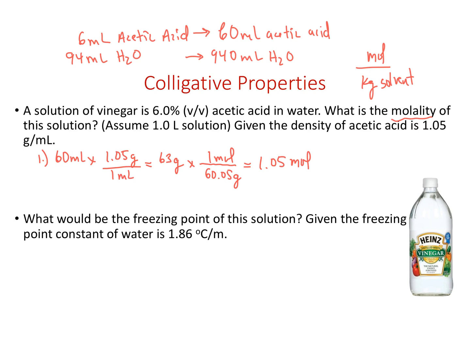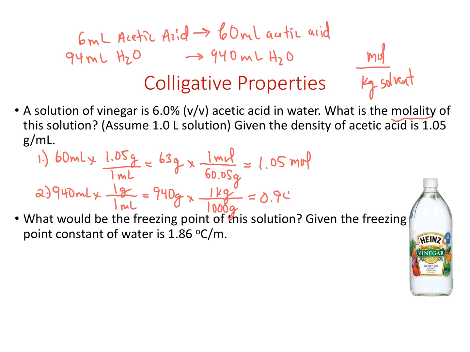Now I want to find the mass of my solvent. So I have 940 milliliters of water, and you should know the density of water is 1 gram per 1 milliliter. So I have 940 grams of water. I need that mass in kilograms. So for every 1 kilogram, we have 1,000 grams.